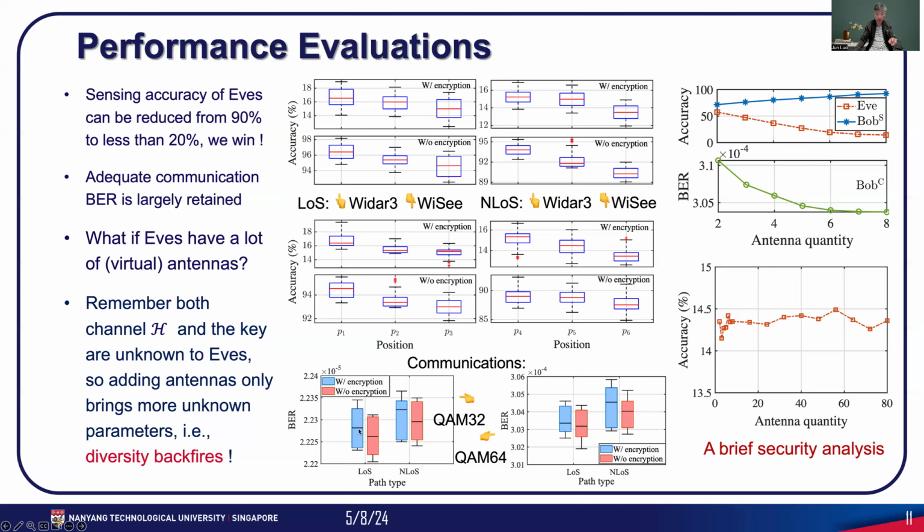There is a little increase in the BER, but it's very minor, to the scale of only a few percent, which is, I would say, adequate for retaining the communication performance.